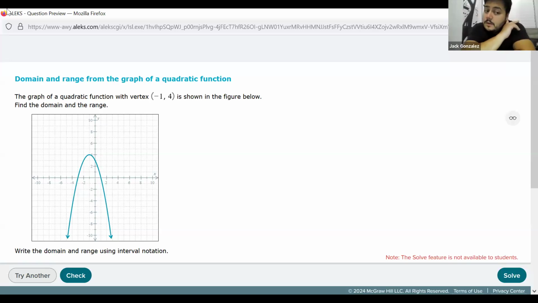Okay, so they want to know the domain and range. Can you see that the domain will be all real numbers because it keeps going forever to the left and forever to the right? So eventually it hits all the x's way down there. So domain is always the x values. What is the range?